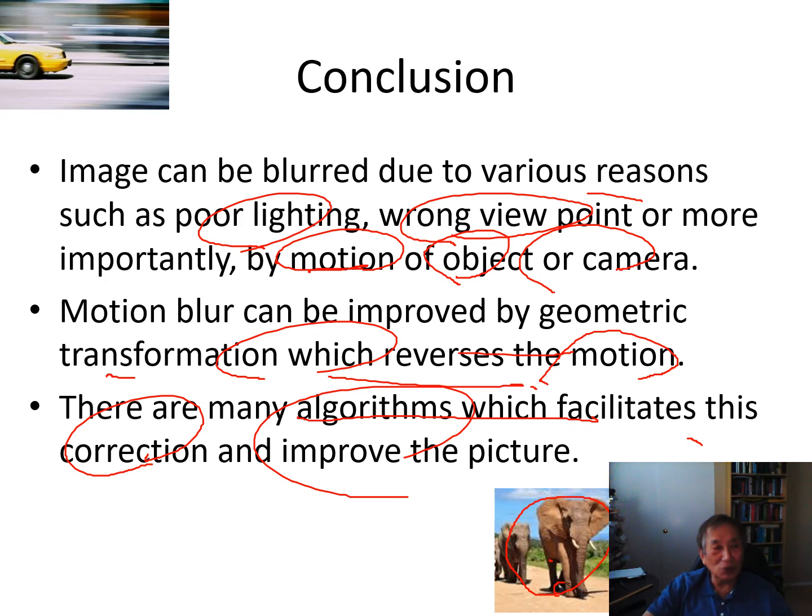So motion changes, or any dynamics in the area of the picture, some part changing, can be corrected by geometric calculation. And here, eigenvalue and eigenvector techniques are very useful and work just fine. Okay, so this is the first part.